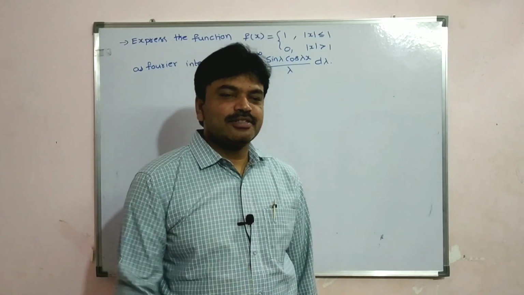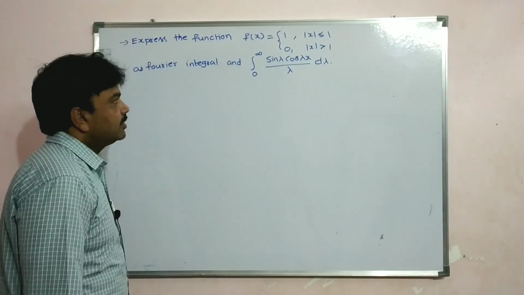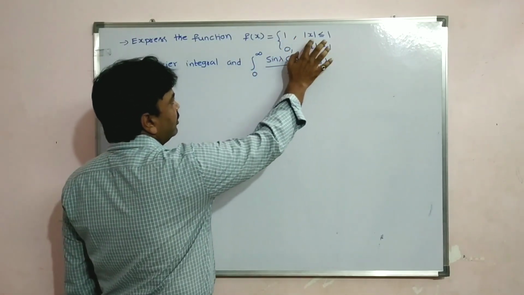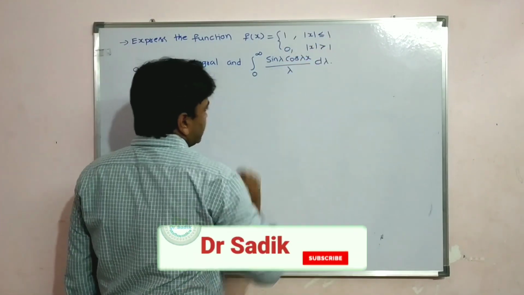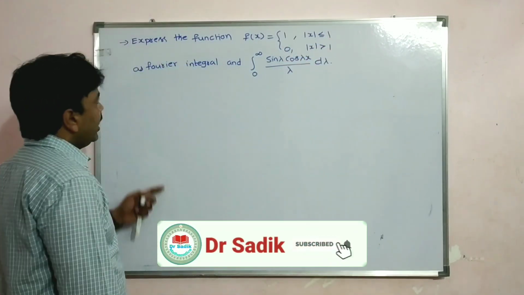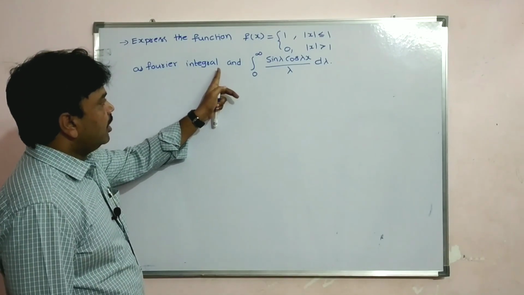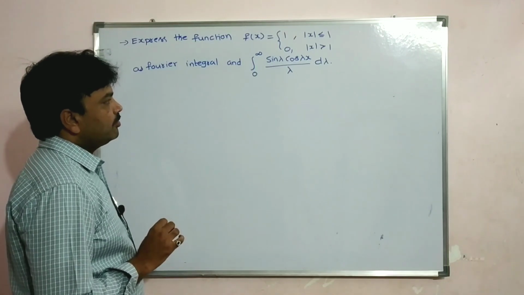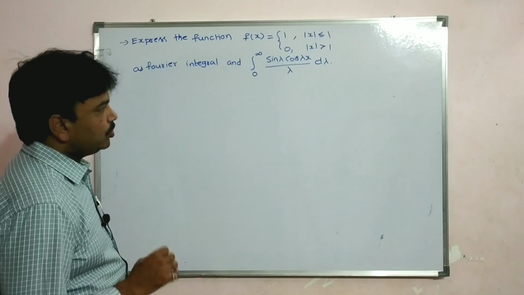Write down, students. Express the function f of x equal to 1 for modulus x less than or equal to 1 and 0 for modulus x greater than 1 as Fourier integral and integral 0 to infinity sin lambda cos lambda x by lambda into d lambda.